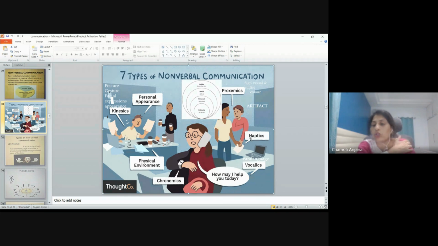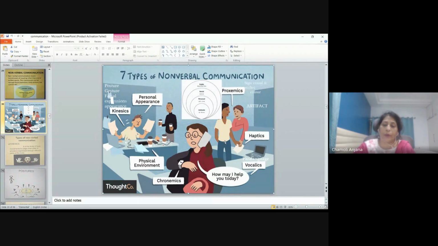Patting on the shoulder is a touch, an encouraging touch. It's like congratulating, appreciating your employee that he has achieved his goal. So this kind of patting on the shoulder gives a meaning.